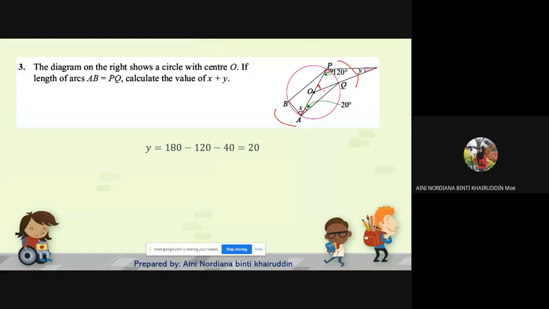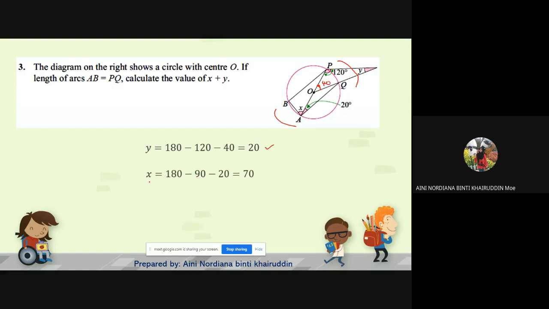This angle equals 40, because this is 20, so the angle at circumference is 20, so the angle at center is 40, twice. So y equals 180 minus 120 minus 40. Then y equals 20.